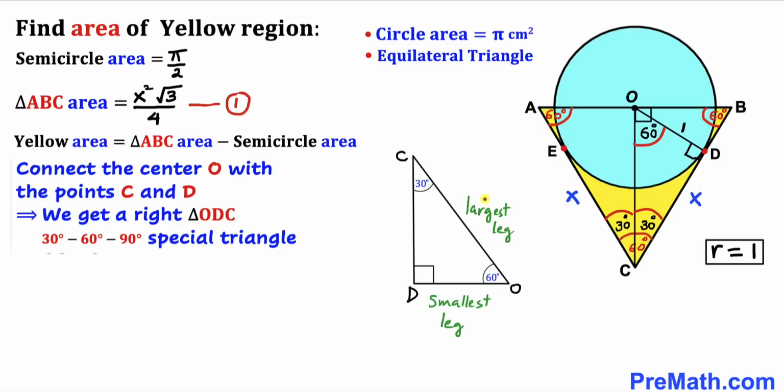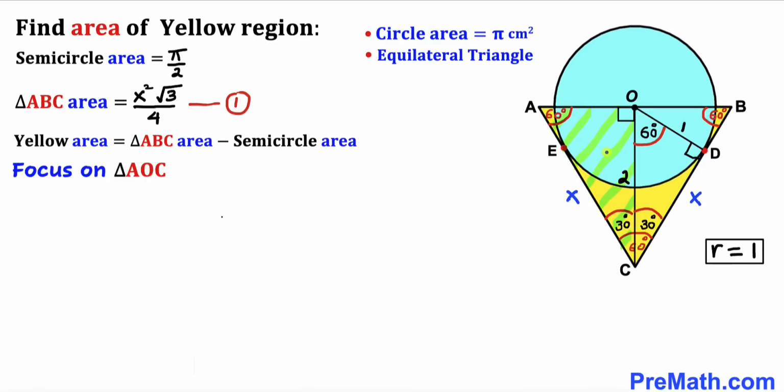And in such kind of triangle, this longest leg is twice the smallest leg. If our smallest leg is 1, then our largest leg is going to be 2. So therefore this side length OC turns out to be 2. So I can write this 2 as the side length of OC.